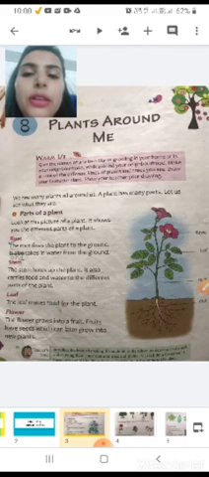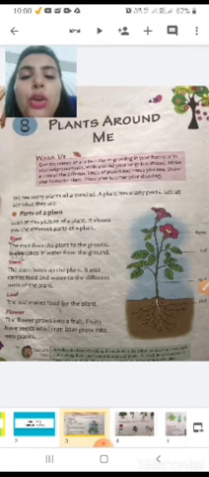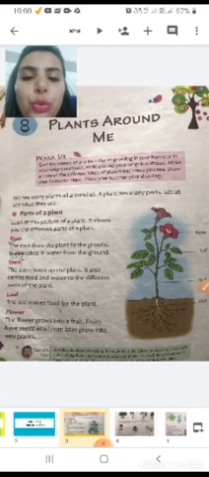Okay, so here they are going to show us the different parts of the plant. Parts of a plant. Look at the picture of a plant. It shows you the different parts of a plant.